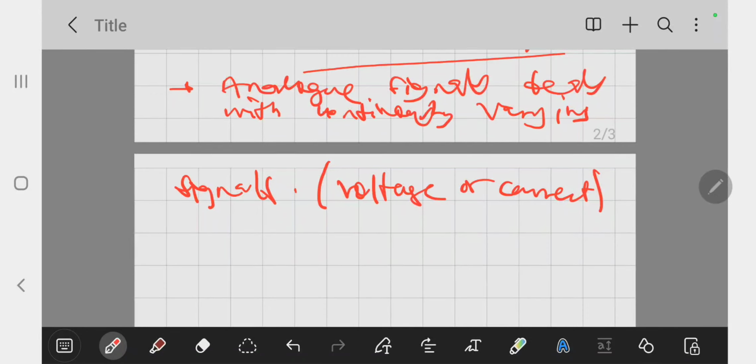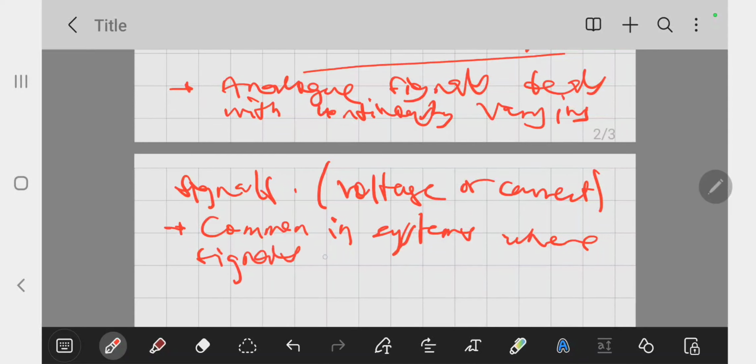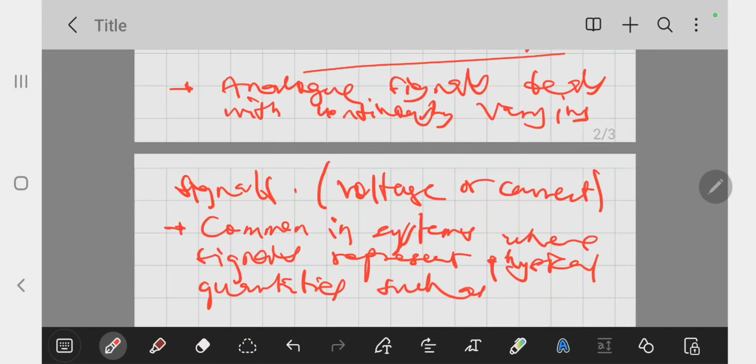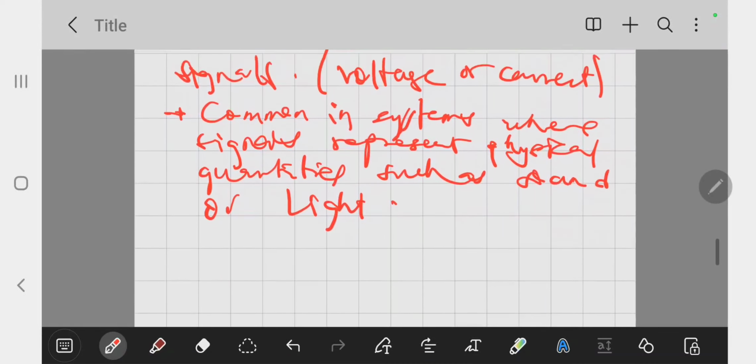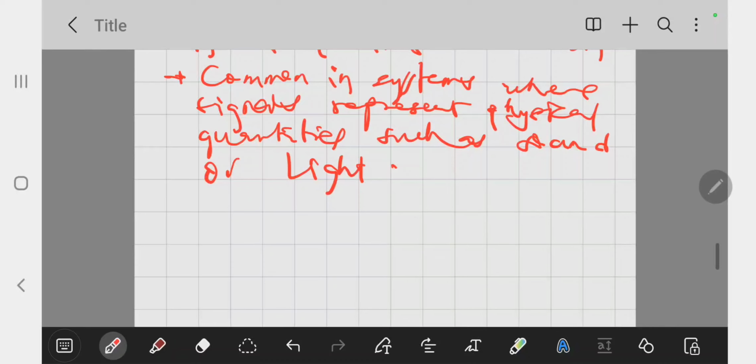This is common in systems where signals represent physical quantities such as sound or light. So this is where you can find an analog signal.